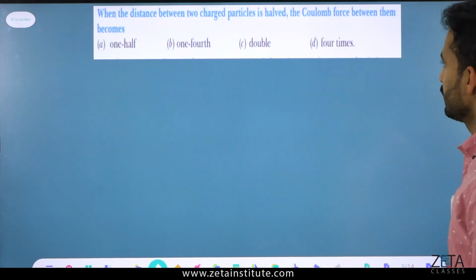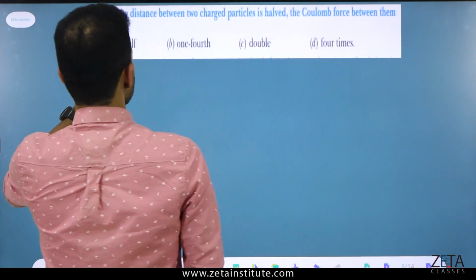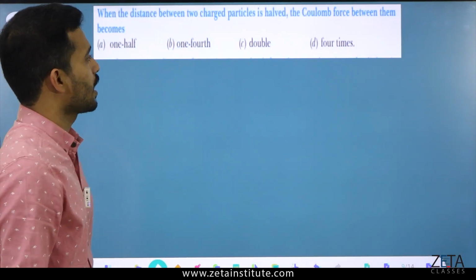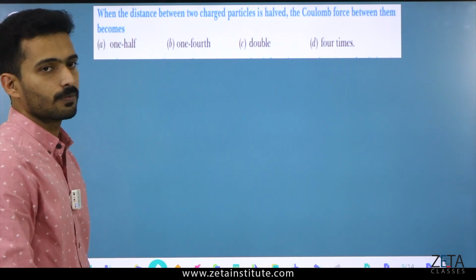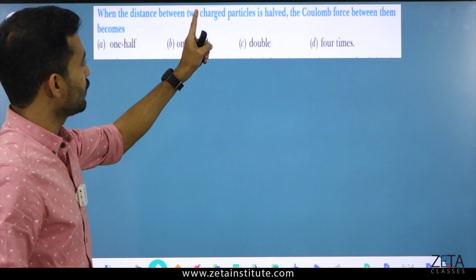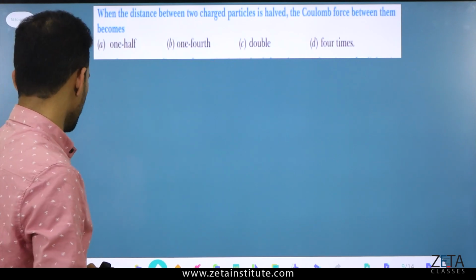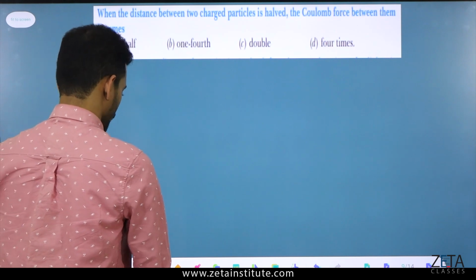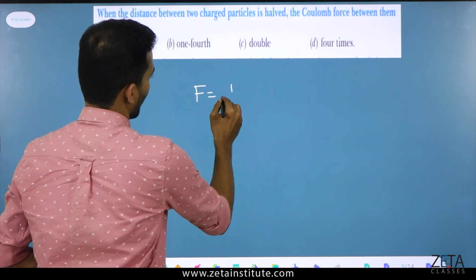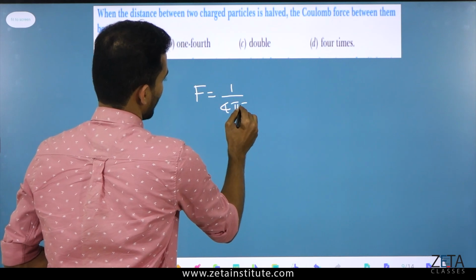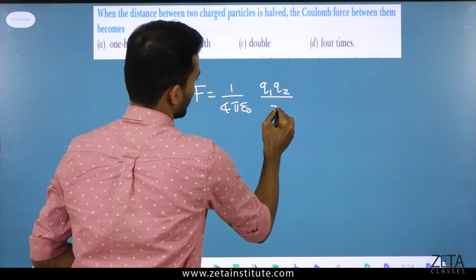Okay. Next, one more question: when the distance between two charged particles is halved, the Coulomb force between them becomes what? Consider the equation to find the Coulomb force, that is F is equal to 1 by 4 pi epsilon 0 Q1 Q2 divided by r square.